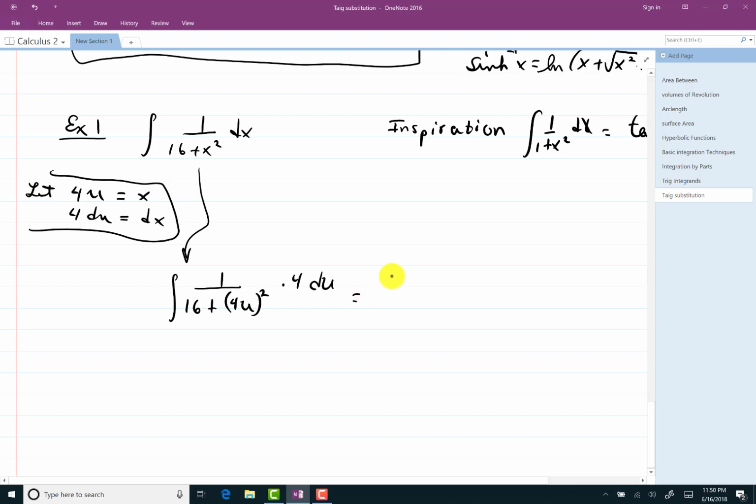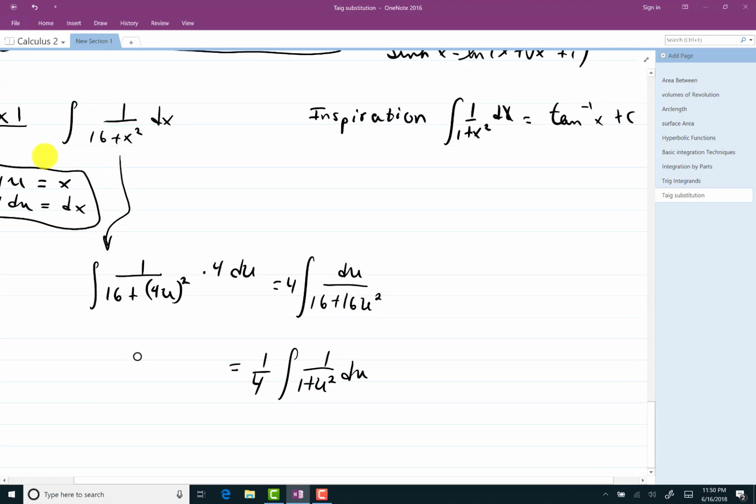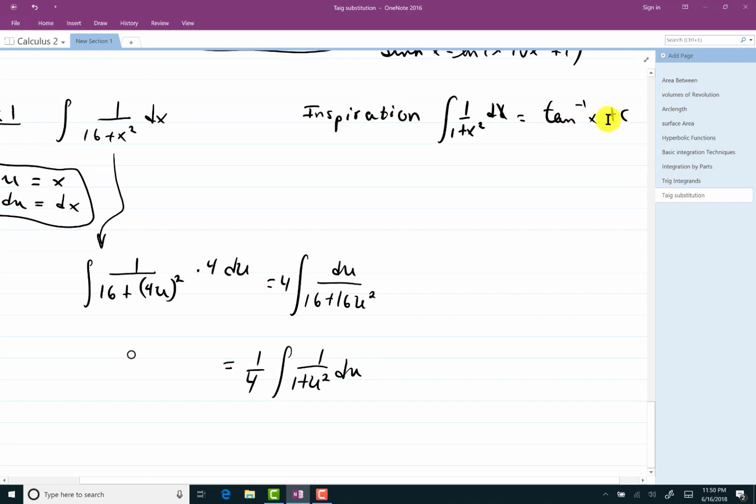And this will equal, I'll put the 4 out front, I'll put the du up here. I have 16 plus 16u squared. I'll pull the 16 out, so that out front we have a 1/4. And now I got what I want: 1 over 1 plus u squared du. And using the inspiration here, I have a u instead of an x. I don't think that's a big deal.